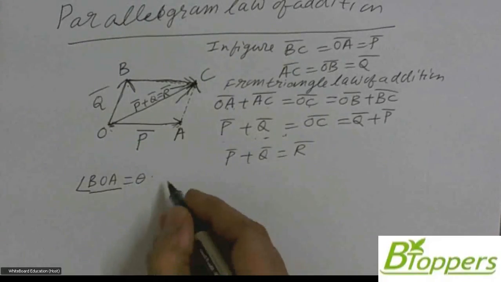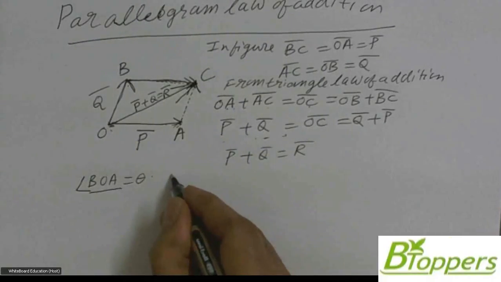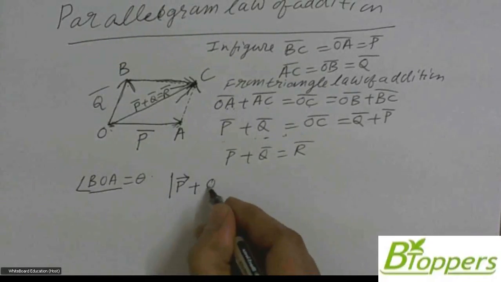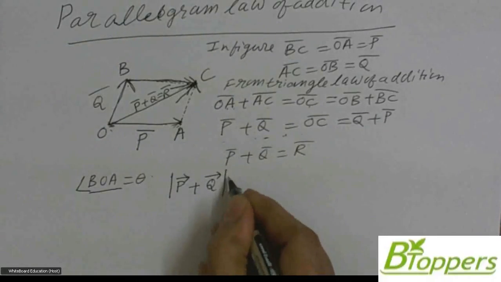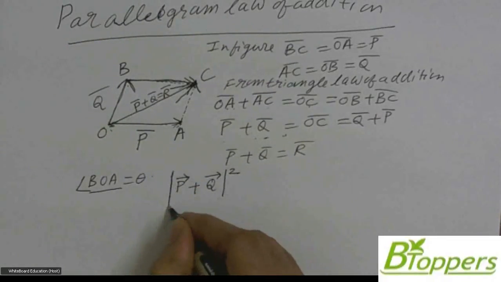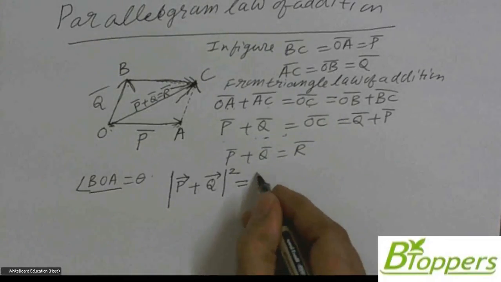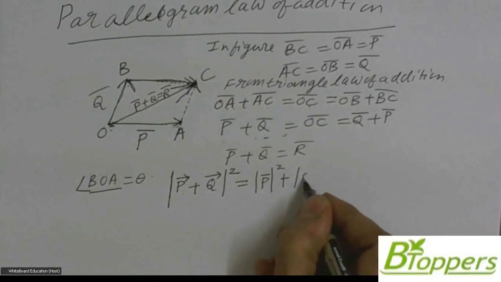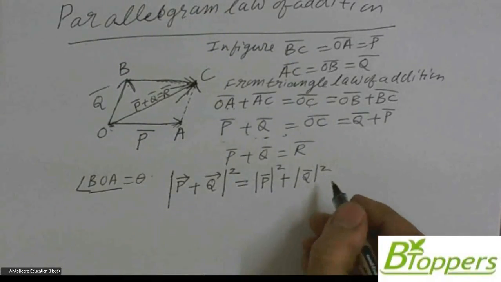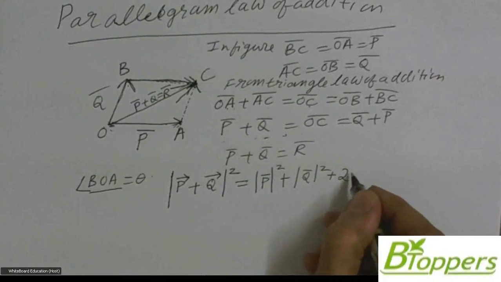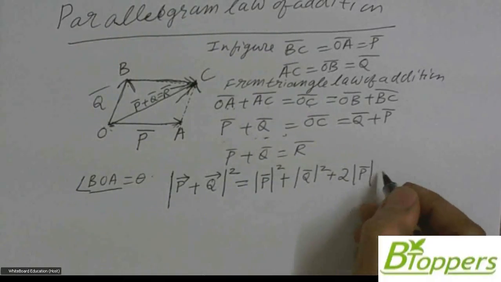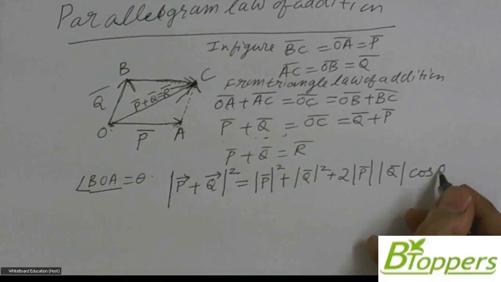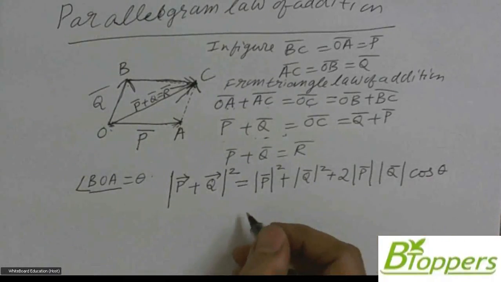So if theta is the angle between the vectors P bar and Q bar, then we can write square of the magnitude of resultant of P bar and Q bar equal to square of the magnitude of first vector P bar plus square of the magnitude of second vector Q bar plus 2 into magnitude of the first vector P bar into magnitude of second vector Q bar into cos of the angle theta between P bar and Q bar.